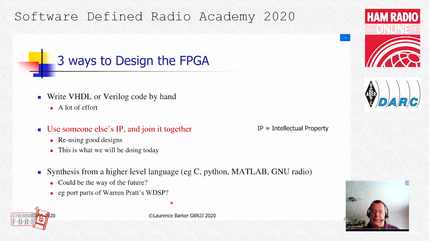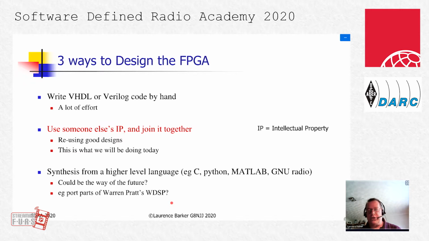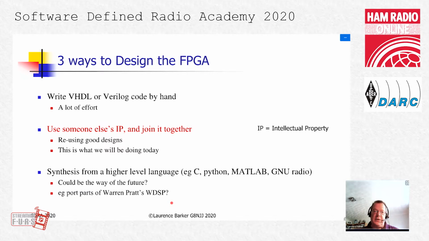The bottom way that I've described is to synthesize the FPGA from a higher level language. Xilinx provides tools to synthesize FPGA code from either C or Python, and MATLAB and GNU Radio provide code from which you can synthesize the FPGAs. That might well be the way of the future. It's not really the way that's most common today.